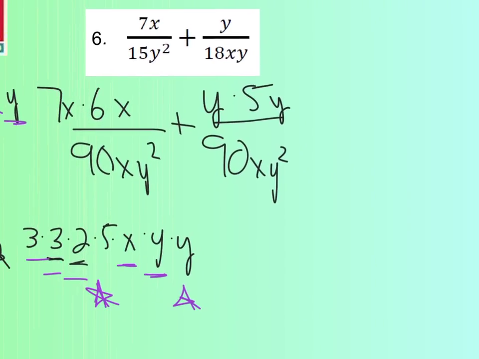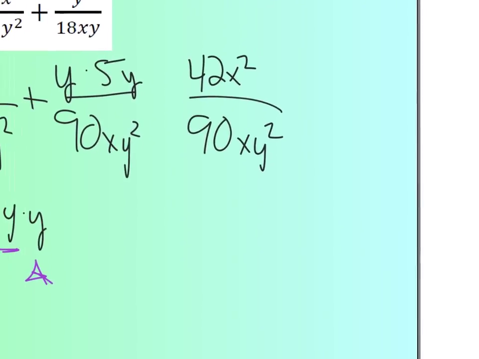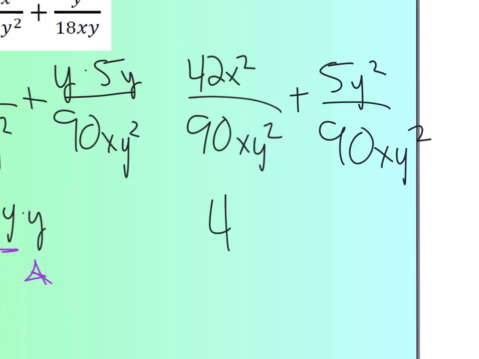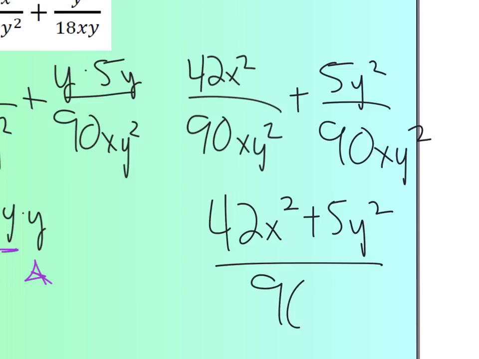So now this becomes 42x squared over 90xy squared plus 5y squared over 90xy squared. Now I can put them together. 42x squared plus 5y squared all over 90xy squared.